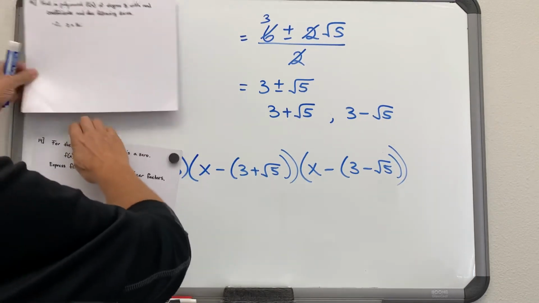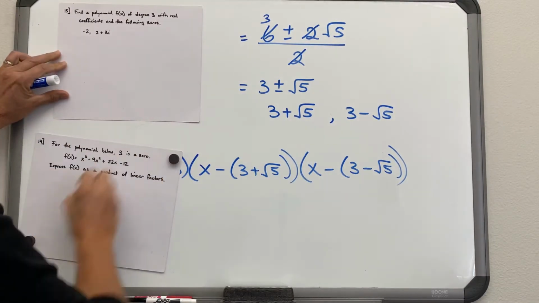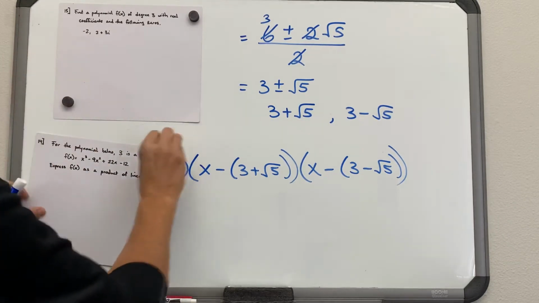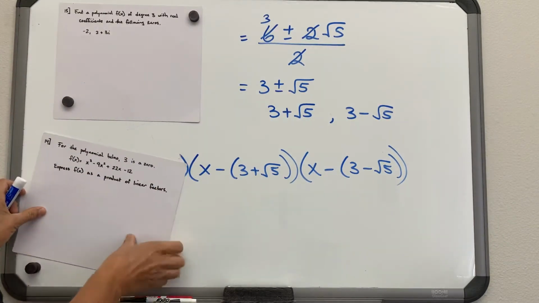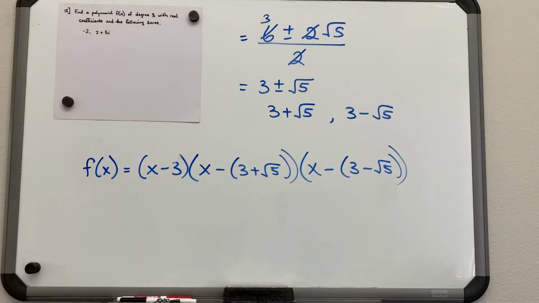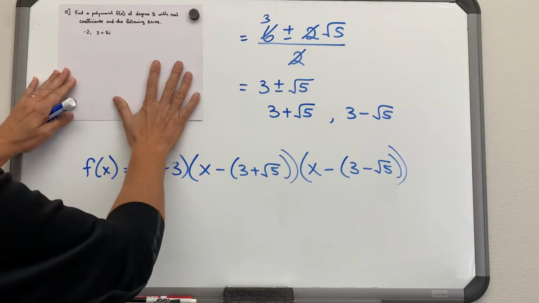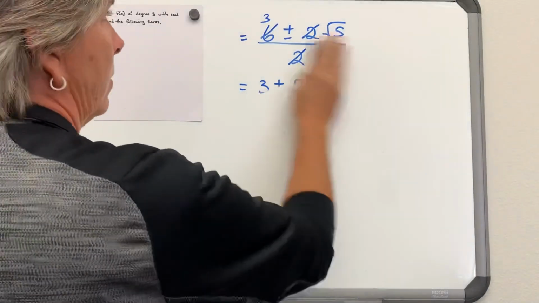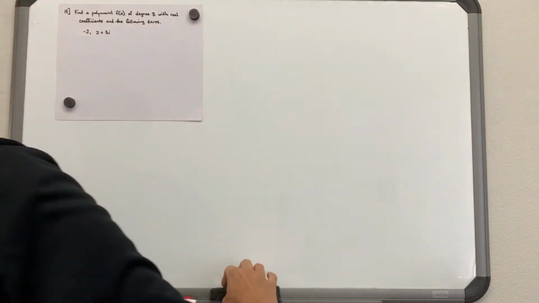Question 15 says, find a polynomial f of x of degree 3 with real coefficients and the following zeros. So in this case, this is kind of similar. But notice that they give me one of the zeros is 2 plus 3i, so that's a complex 0.